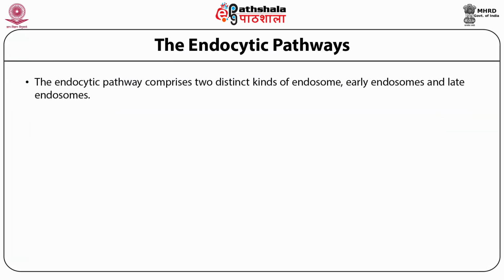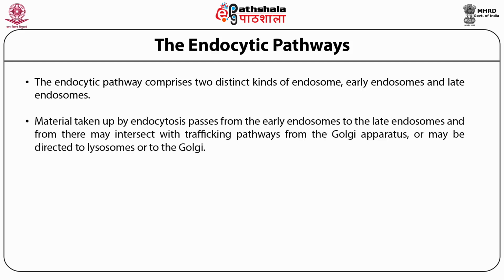The endocytic pathway comprises two distinct kinds of endosomes, precisely early endosomes and late endosomes. Material taken up by endocytosis passes from the early endosome to the late endosome, and from there may intersect with trafficking pathways from the Golgi apparatus, or may be directed to lysosomes or to the Golgi.